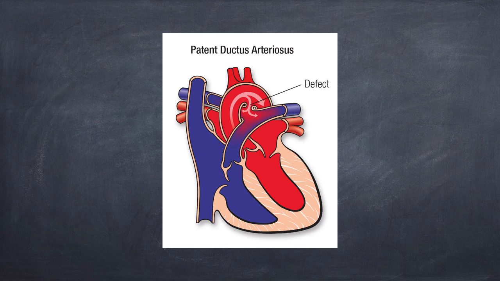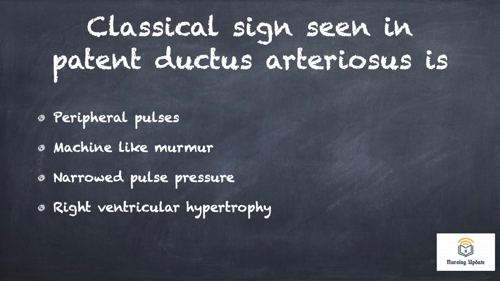In utero, when the fetus is inside the mother, this connection will be there. Immediately after birth, when the child starts to respire and the lungs start to work, it gets closed. If it doesn't close, that condition is known as patent ductus arteriosus.